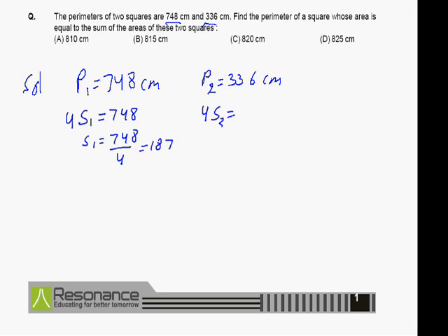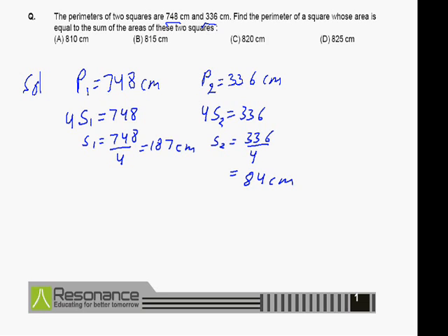Let the side of the second square be S2, so 4 S2 equals 336. S2 is 336 divided by 4, which comes to 84 centimeter. So the side of the first square is 187 centimeter, and the side of the second square is 84 centimeter.